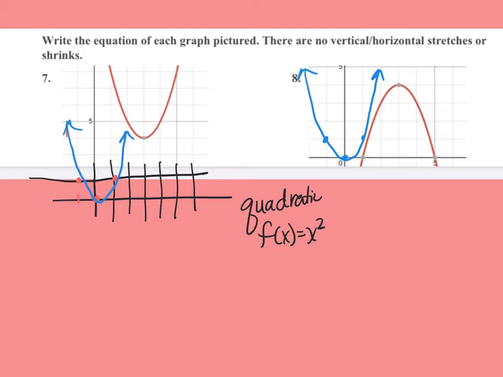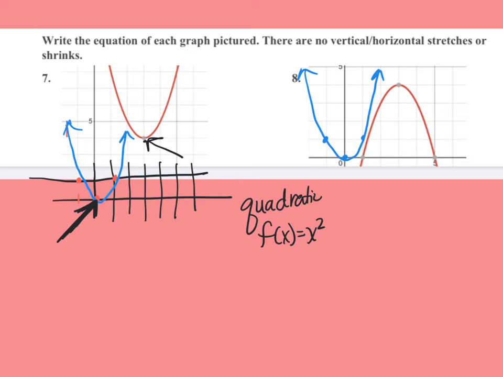The next thing I want to do is describe those transformations. How do I go from the blue parent function to the red new function? I measure or count from the lowest point, or the minimum value, on both of these to decide.